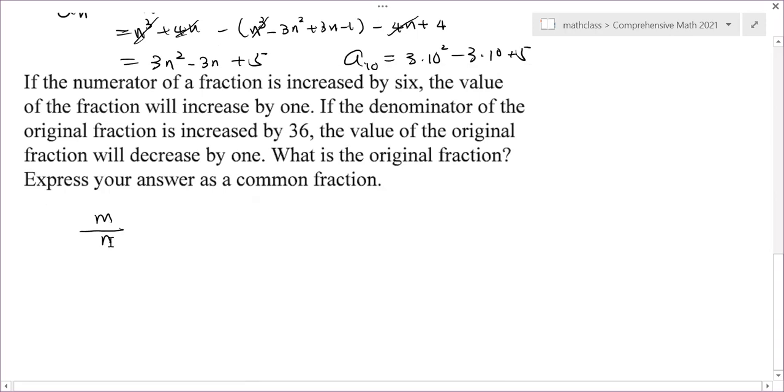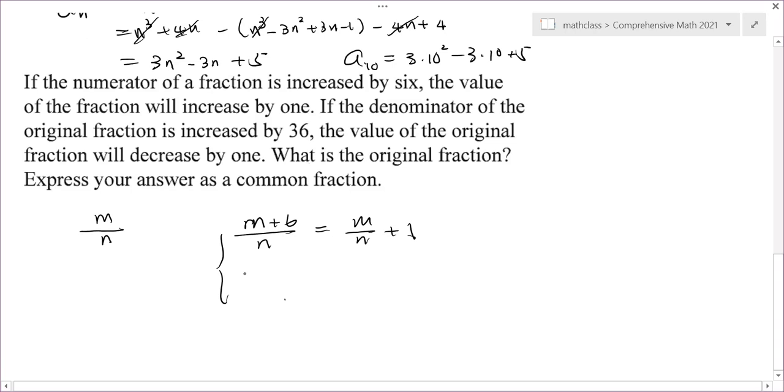So you translate each statement into an equation. For the first equation, the numerator is increased by 6, then the value of the new fraction will increase by 1, so it's going to be the original fraction plus 1.